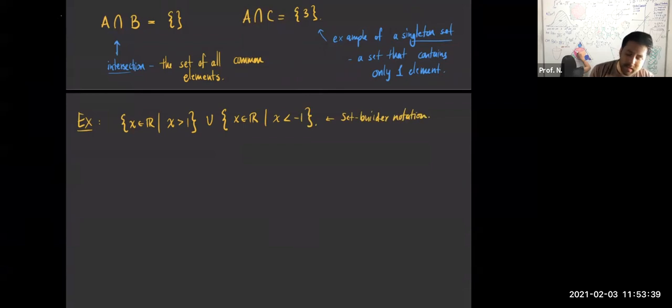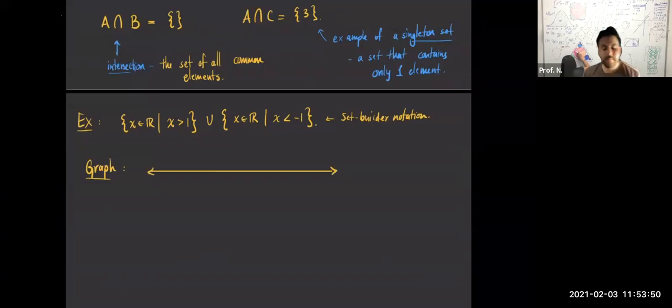Can you express this as a graph? What would be the graph of this? So now I have two sets and I want to union them together. When I union them, I just include both of them together.